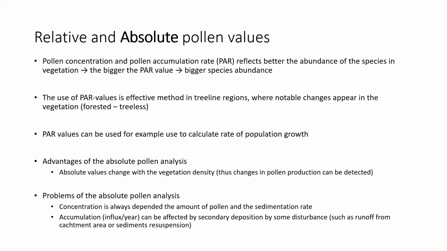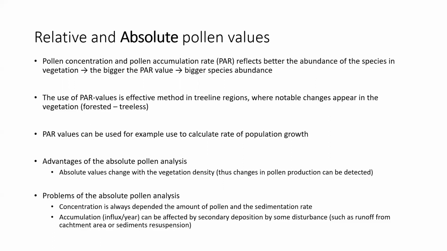And for example, in tree lines, if you're studying change in the tree line and you are interested in the amount of the species rather than the change in the species composition, you can use absolute values. And also, if we want to look at the change in the population growth, we can use absolute values.